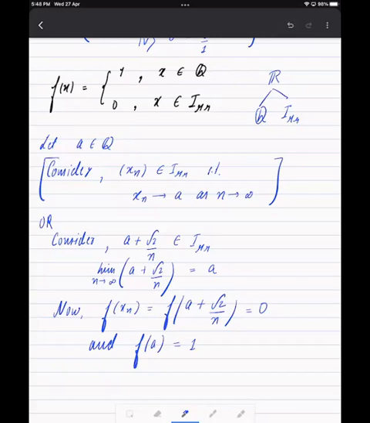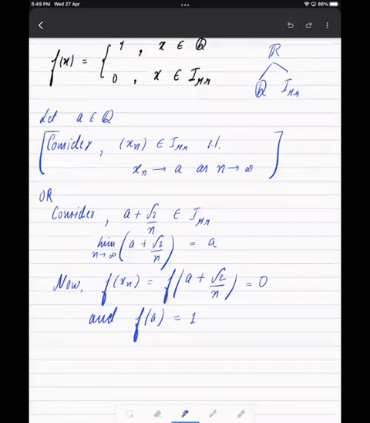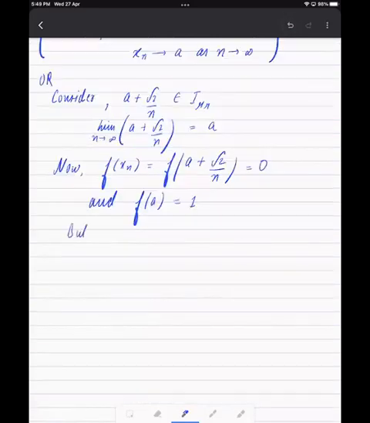If the function is continuous, then this sequence converging to a, f of xn should also converge to f of a. But the limit as n tends to infinity of f of xn is equal to 0, because every element is 0. It cannot be equal to f of a, which equals 1.